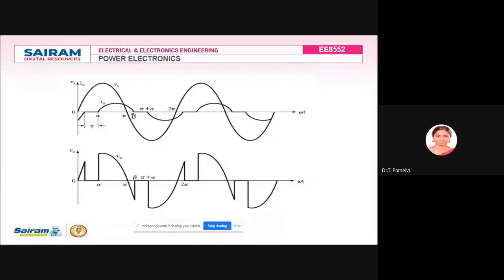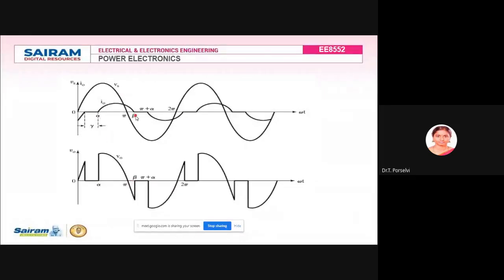Since the load is an RL load, the load current is going to have two components: one is the steady state component, which is sinusoidal, and the other is the exponential component. So the resulting waveform will be this. From alpha to beta, the thyristor T1 is going to carry the load current.